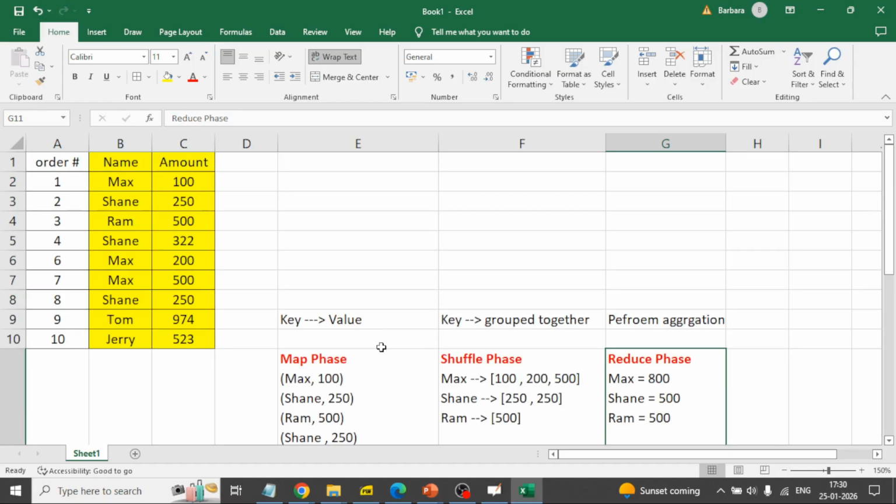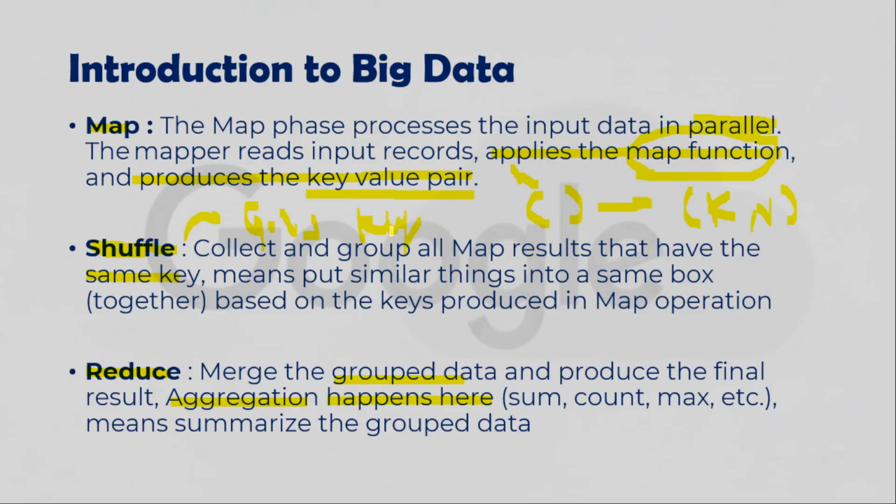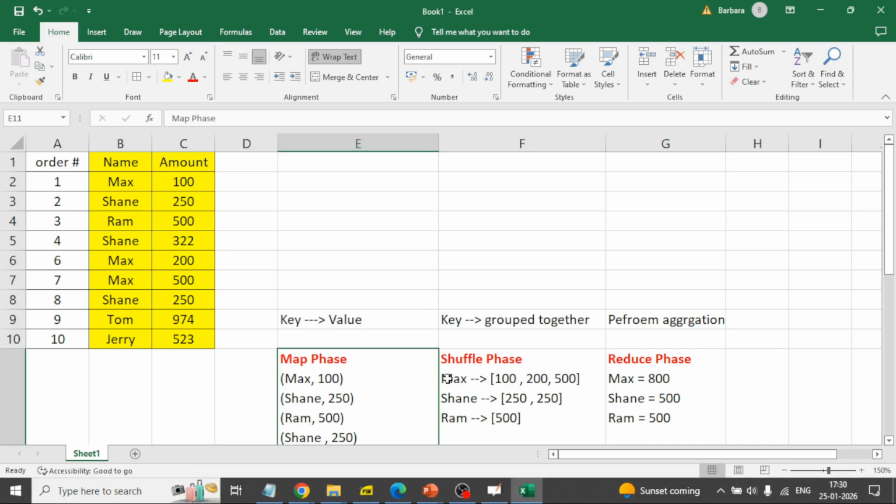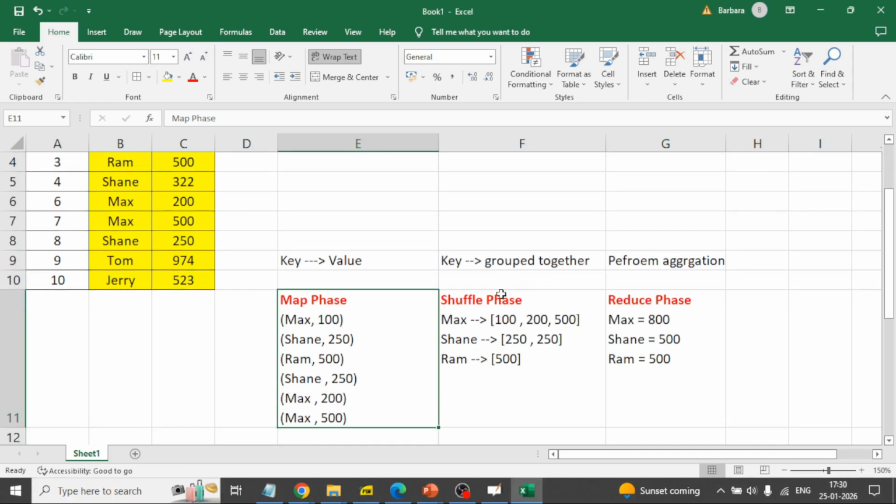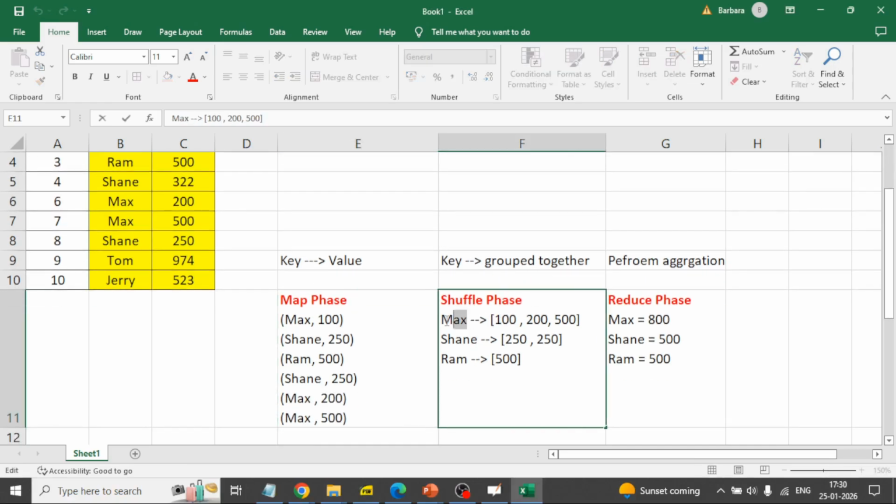So let me go back to the slides and we'll go through the content again. In the map, we have seen the key value pair. See, this is the key value pair. We have shuffle. It grouped all the data together with respect to key. With respect to the Max key, all the data belonging to Max is grouped together.